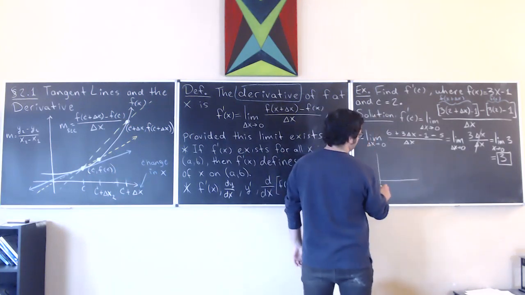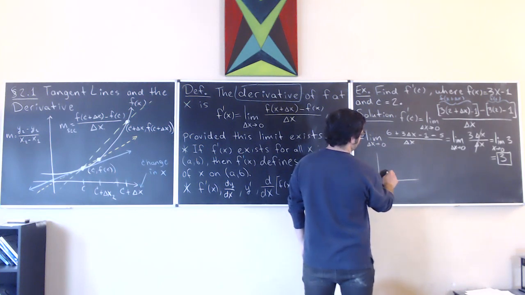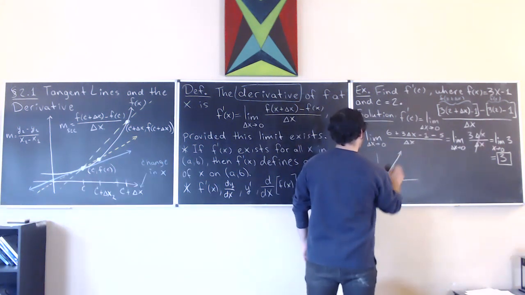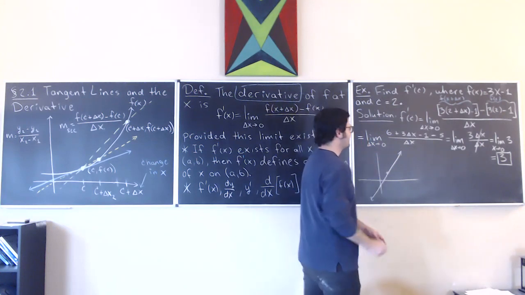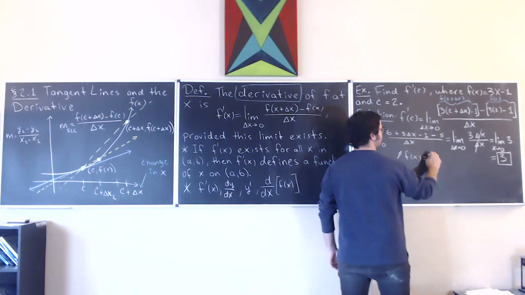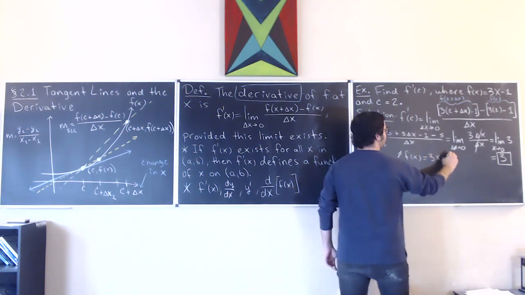So at x is 0, we're here. At x is 1, we're right there. So this is f of x equals 3x minus 1.